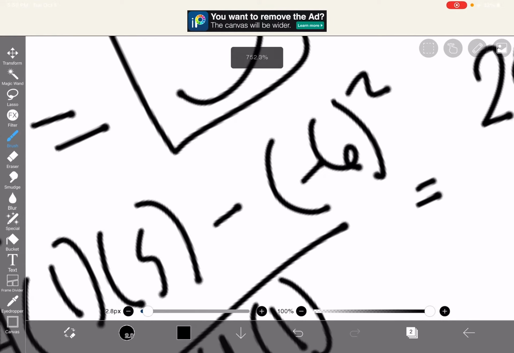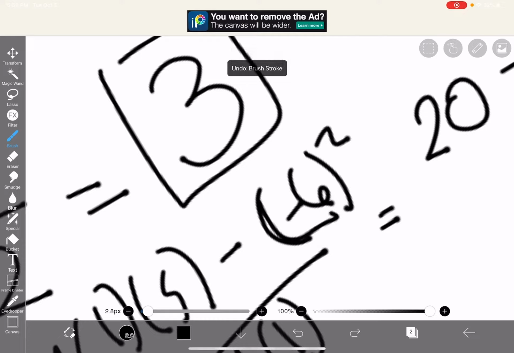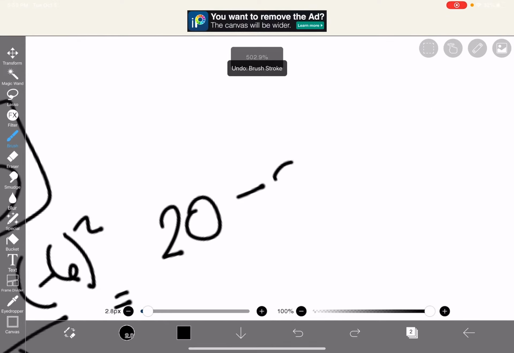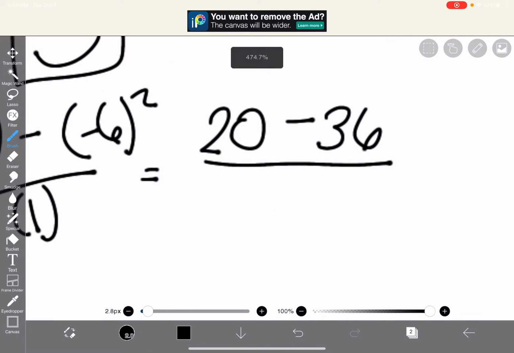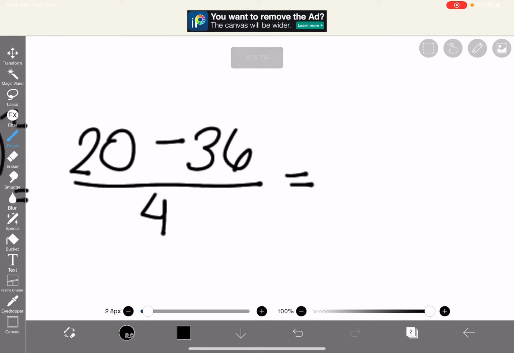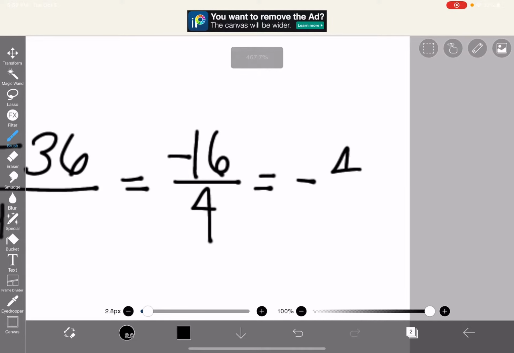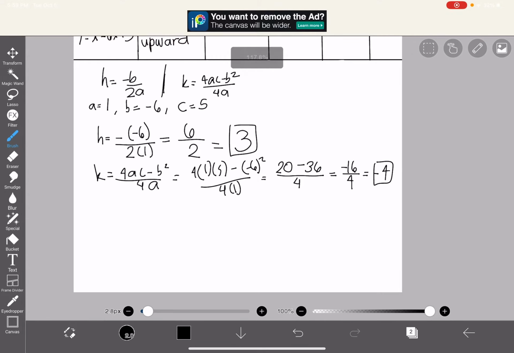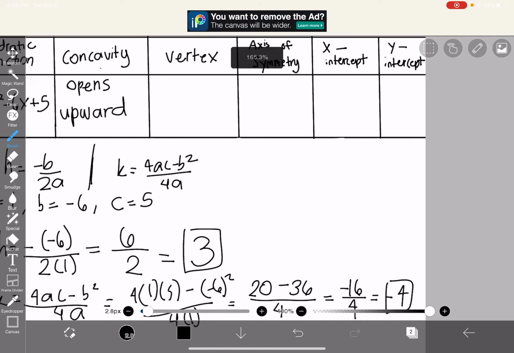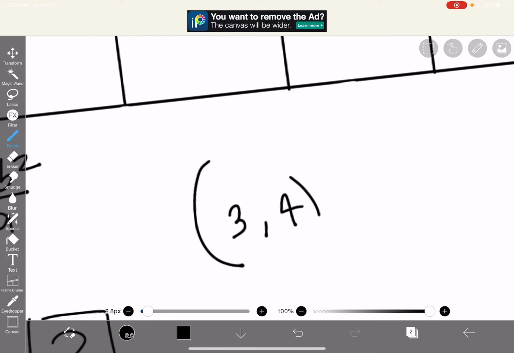But since there's still a negative sign here, it will still become negative anyway. 4 times 1 is 4. Negative 36 plus 20 is negative 16. Divide, we have negative 4. So the vertex is 3, negative 4.